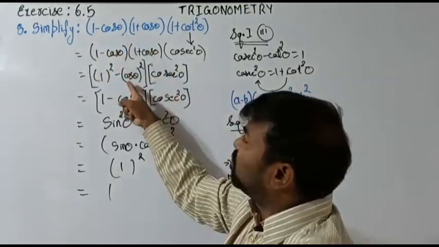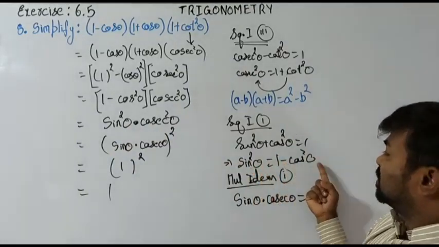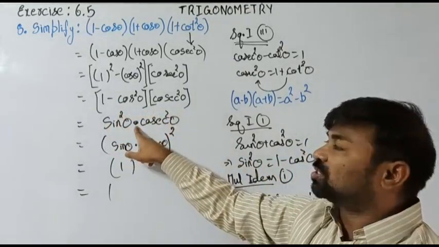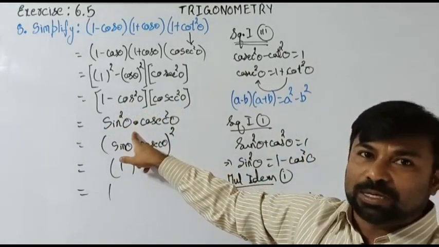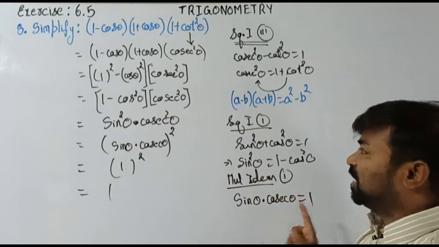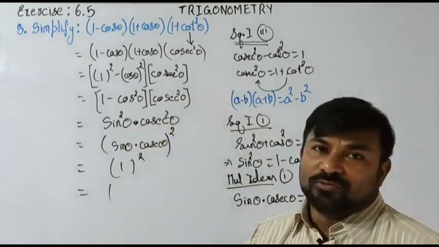That is 1 square minus cos square, which is nothing but sin square. Again we have squares. Of course, the main thing is the multiplication, where we use multiplicative identity 1, that is sin theta into cosecant theta is equal to 1. The whole square of sin into cosecant is 1, and we have simplified.